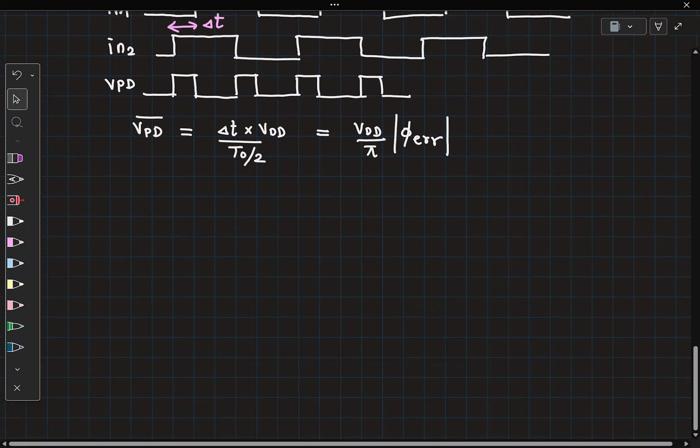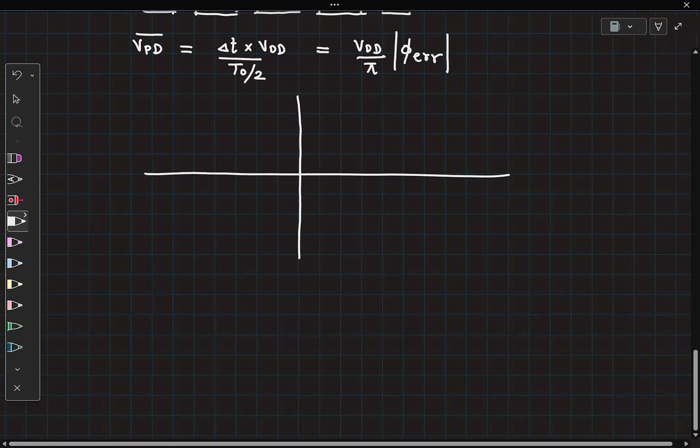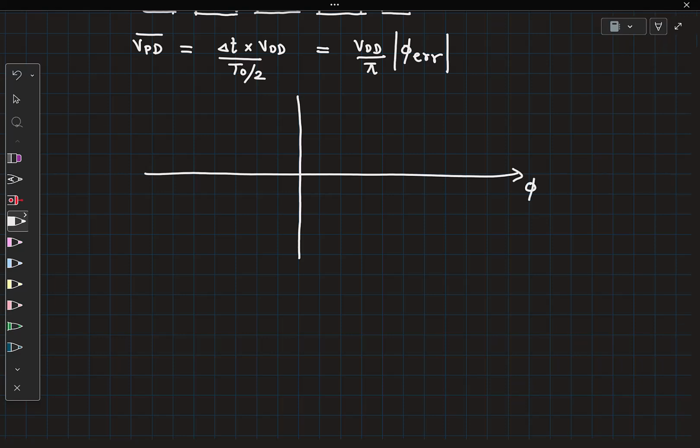So now I can plot the overall VPD average versus phase error plot. We know that it starts from 0, and for the value corresponding to pi, it's reaching VDD.